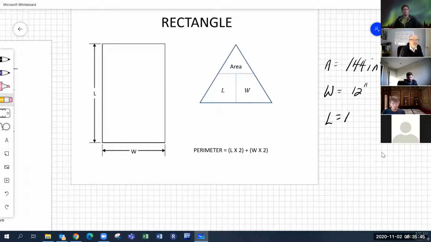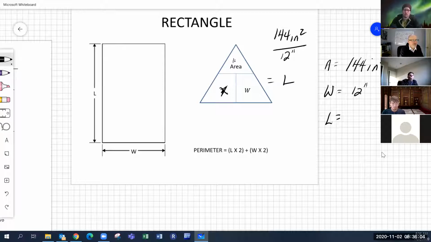I want the length here, so I'm going to take that out and put it over here. So I take my area, 144 inches squared, divided by 12 inches, because this is divide, and that would equal my length, which is 12 inches. So we simply take out what we need out of the triangle, and yes, thank you, Bay.